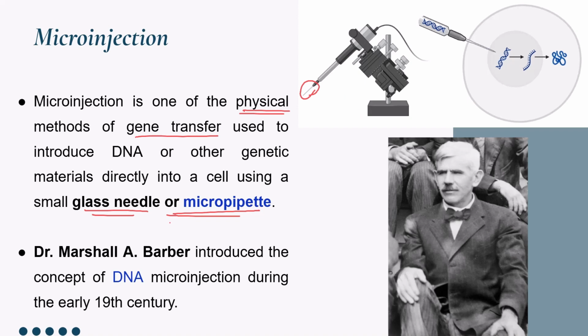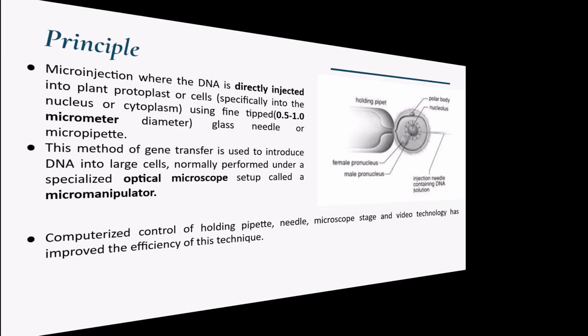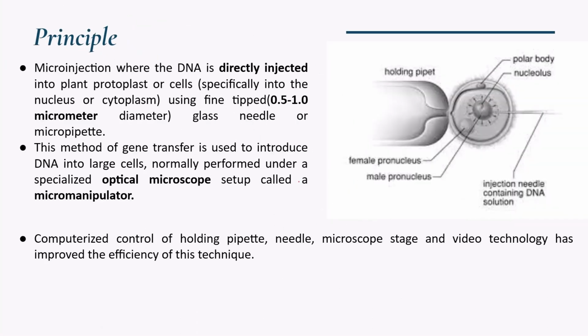So this was introduced by Marshall A. Barber, and he introduced it in the 19th century. So he is Marshall A. Barber. So the principle of microinjection is that you directly inject the genetic material into protoplastic cells.